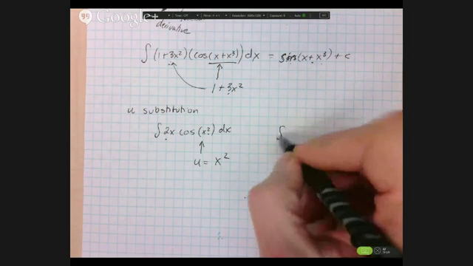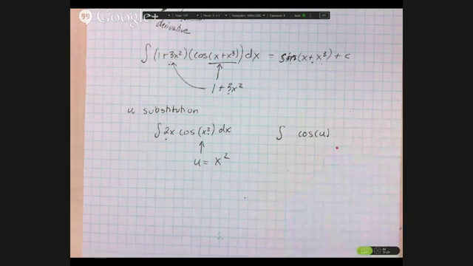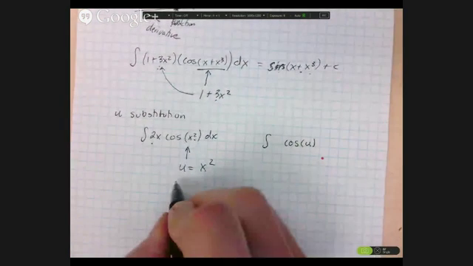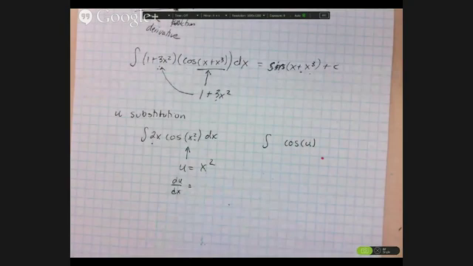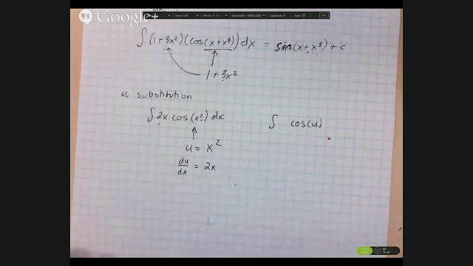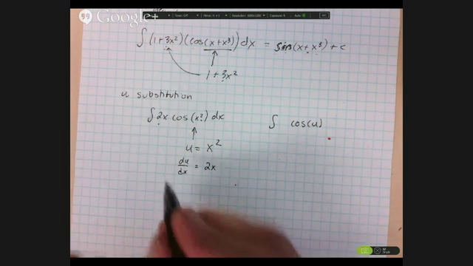So right now you have cosine of u, right? What is the derivative of that? 2x. The derivative of u with respect to x. Here's where a lot of people get stuck.